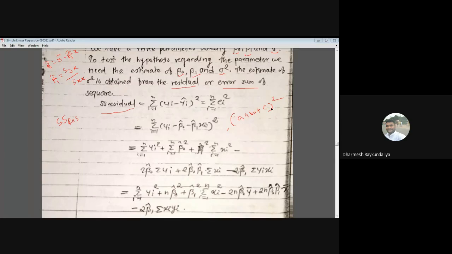And then twice BC, but this is also minus, so minus minus becomes plus, so that is beta 0 cap beta 1 cap, these are constants, and summation xi. And minus 2AC, so it is minus 2 beta 1 cap, as beta 1 cap is outside, and summation yi xi.